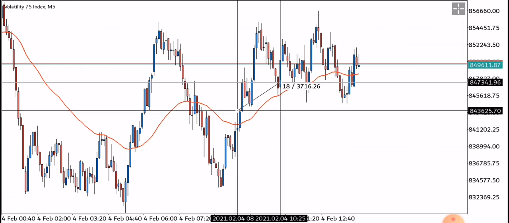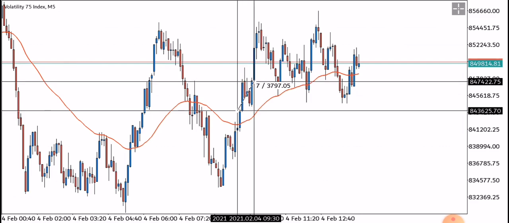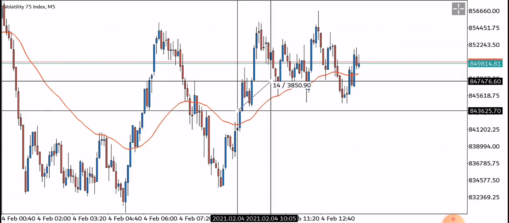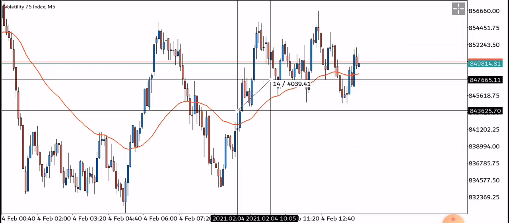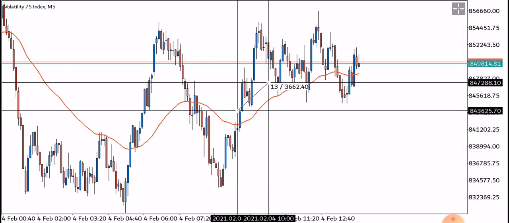Now, can you see this? This got about 371 pips. Can you see the candlestick I'm looking at? This one here, it got about 371. Let's make it an average of 400 pips within 5 minutes. Can you see that?